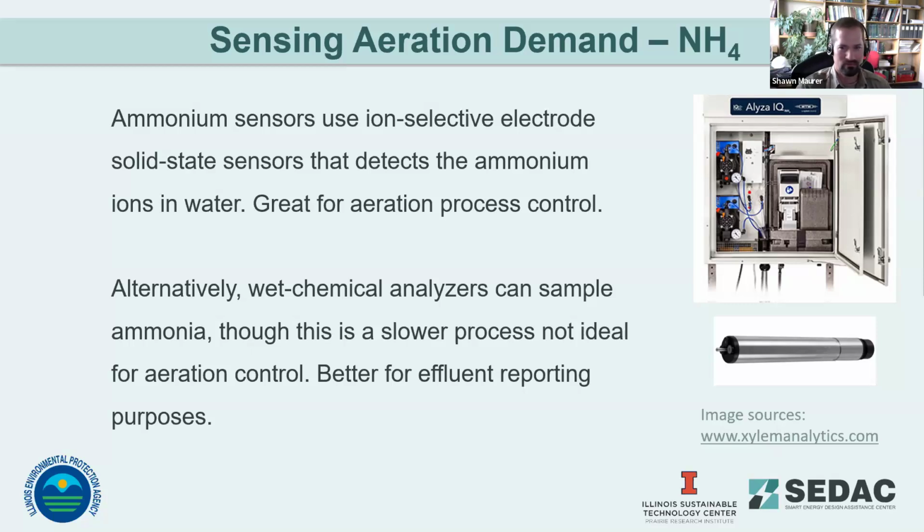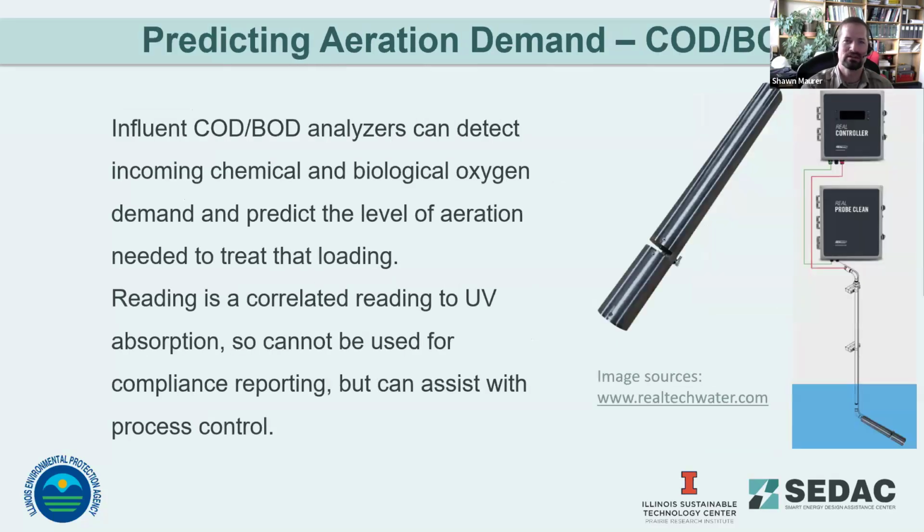One of those things is the ammonia loading coming into the plant and using ammonia analyzers, either wet chemical analyzers or ion selective electrode detectors submerged in the water to get those readings and use those to more tightly control the aeration process. So those are the couple different options for ammonia-based controls.